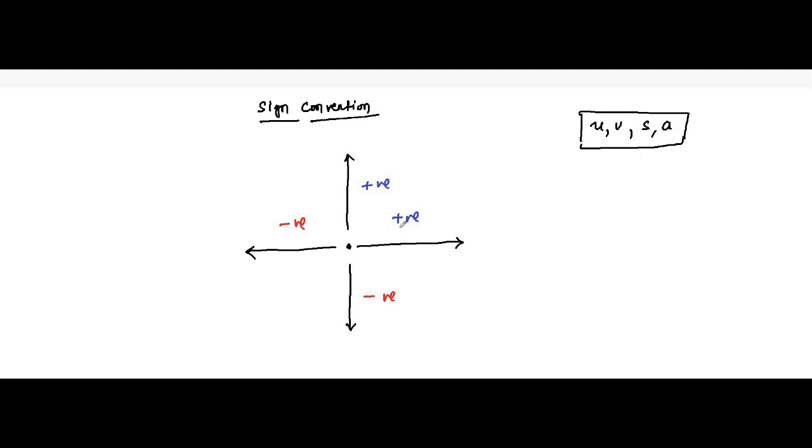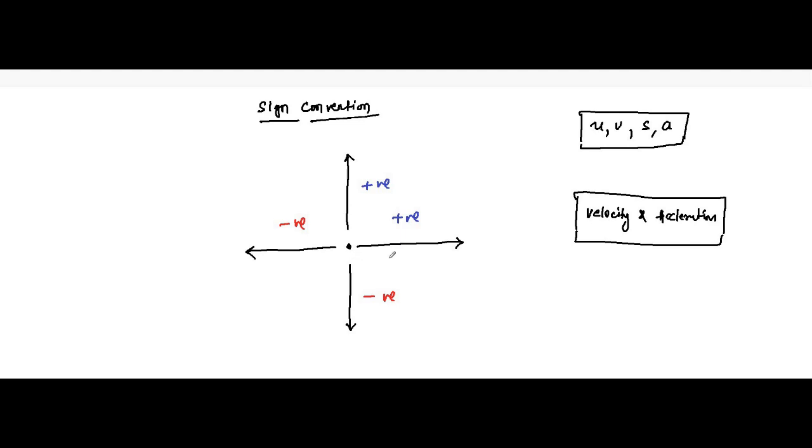But this thing can sometimes create confusion. Basically this is applied for the velocity and acceleration. This comes into play while determining whether the acceleration is actually supporting the motion or it is going against the motion. That's why I say you remember this convention, but it can sometimes create confusion.